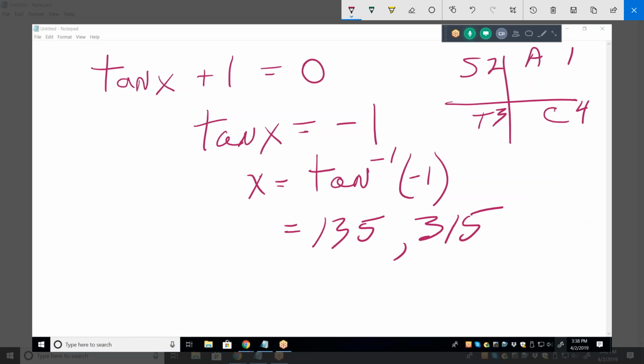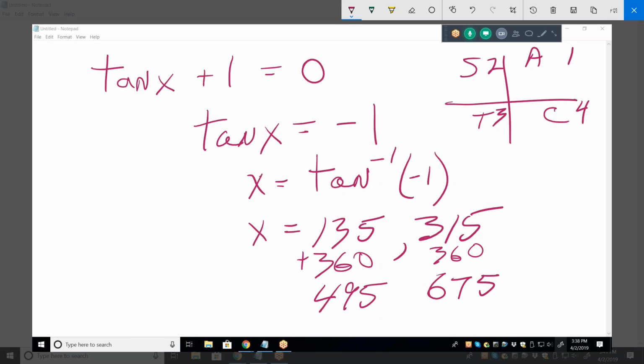Now, those are the two answers in the unit circle. But in reality, we know we can add 360 to each one of them. In other words, 495 is also an answer. 695 is an answer.